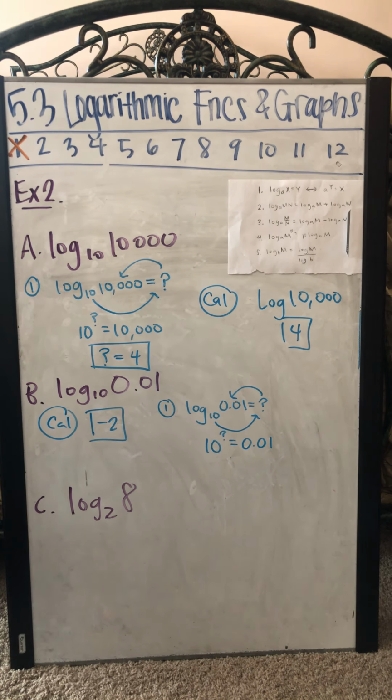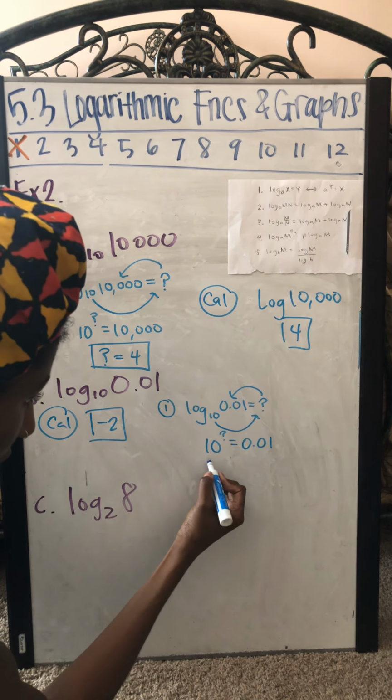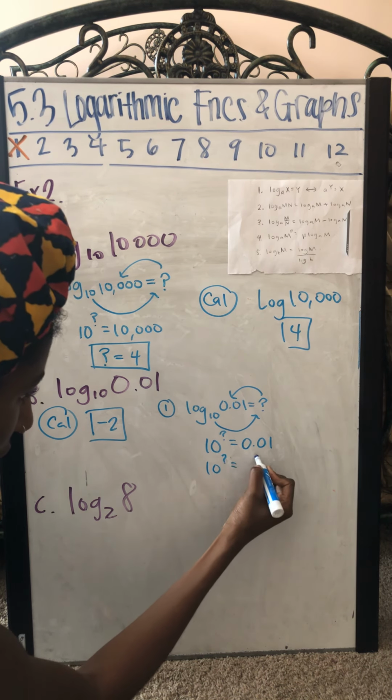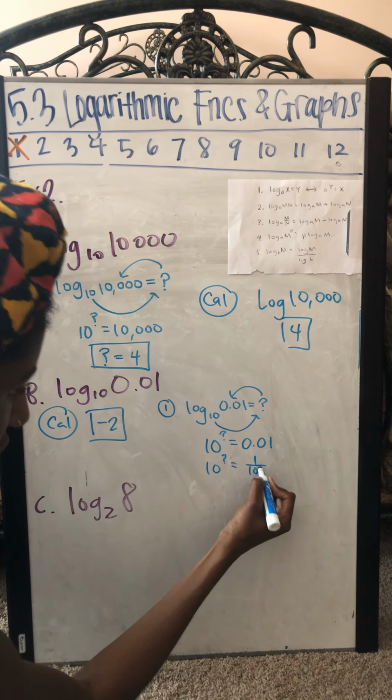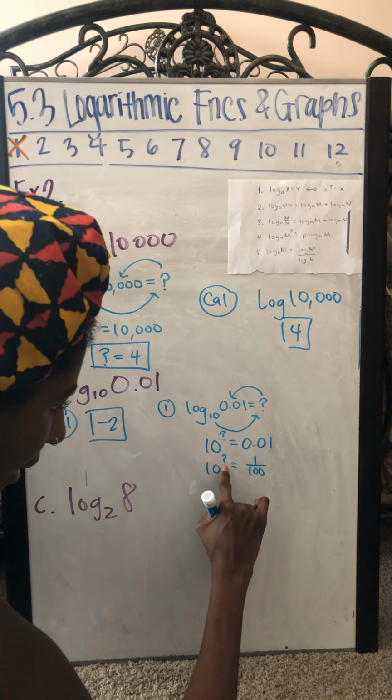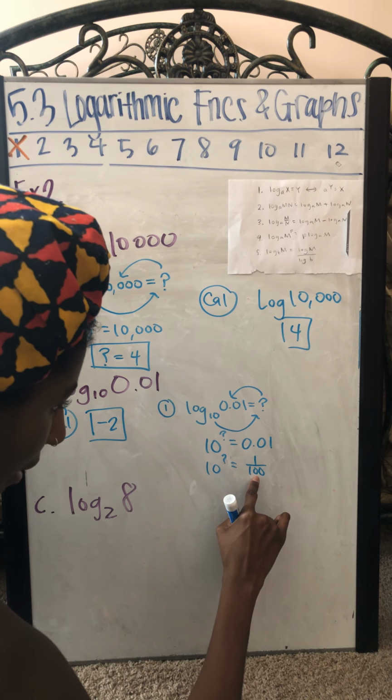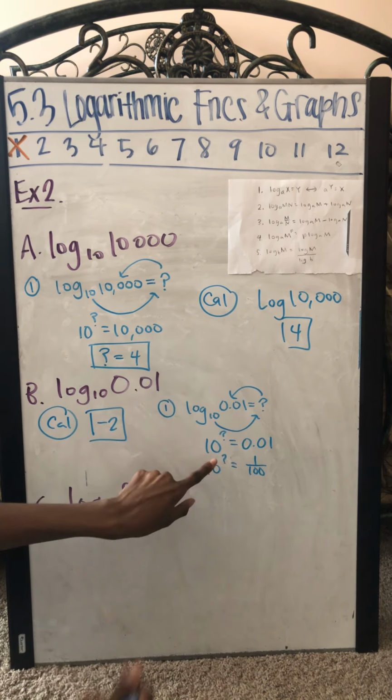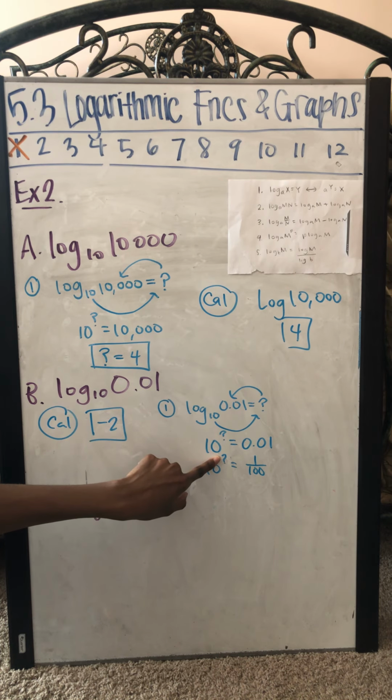Okay, if we were to write 0.01 as a fraction, what would that be? 1 over 100, right? So that's the same thing as 1 over 100. Now, the difference here is that that number is on the bottom. Remember how we talked about reciprocals and making the exponents negative?